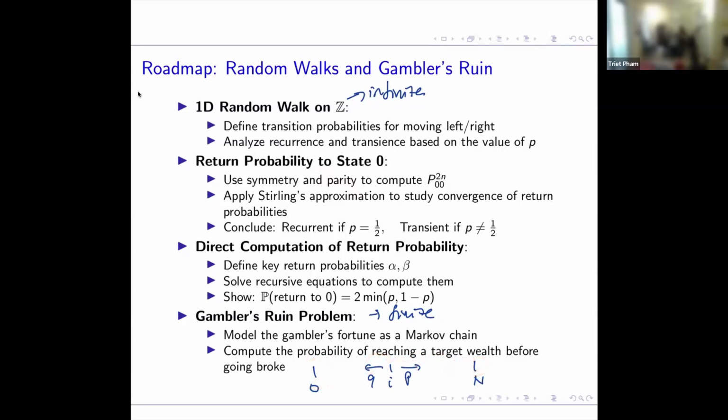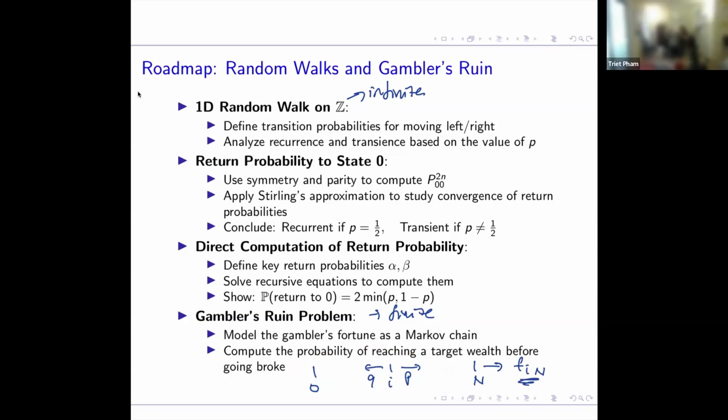So it's a finite random walk, but in the context of what we're looking at, this one-dimensional random walk has the taste of calculating the probability of eventually going to state n from state i.